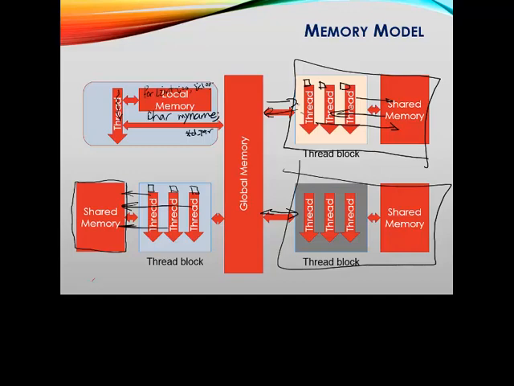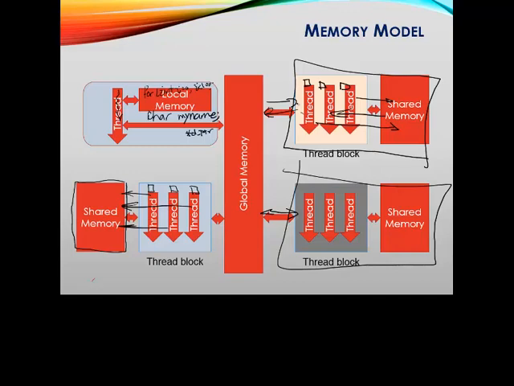Each thread will be able to create a local memory for its own use, which other threads will have no access to. So if you wanted data not to be shared, that would happen over the local memory of the thread. Threads within a block have access to the shared memory of that block, and each block will have a copy of its own shared memory to which its own threads will have access.